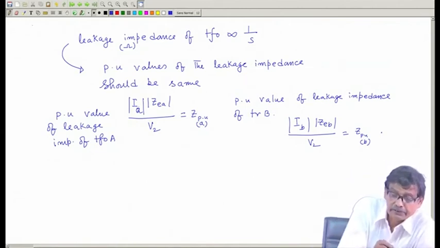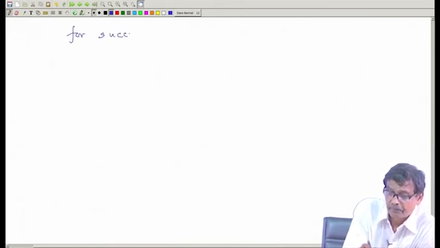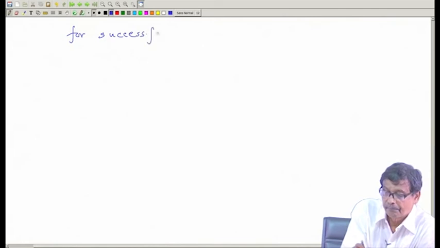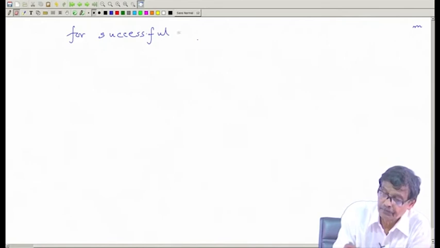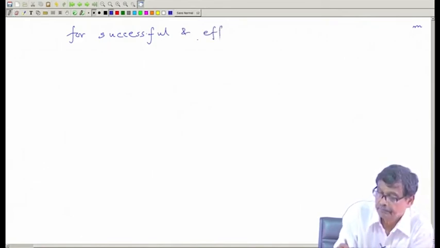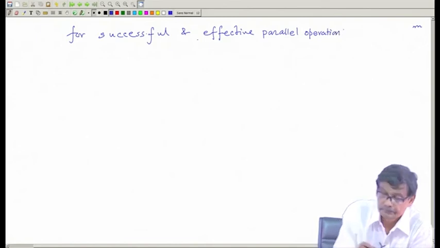So, I write down these conditions once again, for successful and effective parallel operation of transformers.